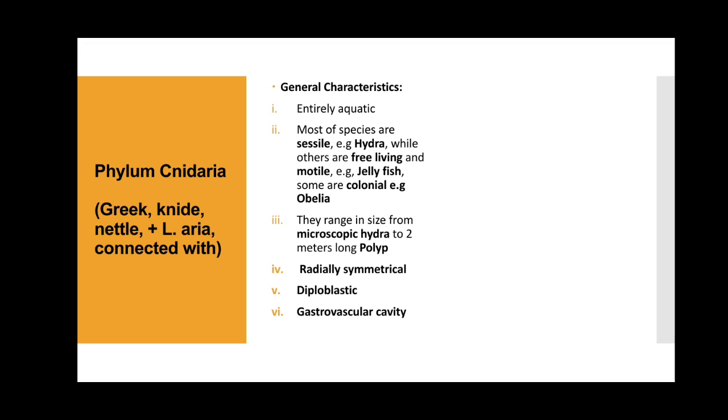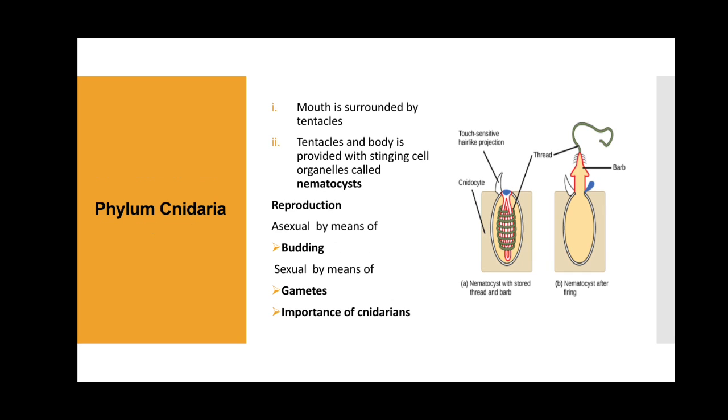The cnidarians have specialized cells which are called cnidocytes. These are the capturing cells. The free living cnidarians are called medusae, and the attached cnidarians are called polyps.